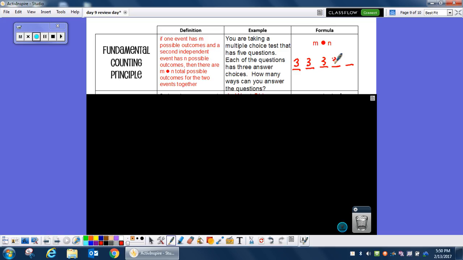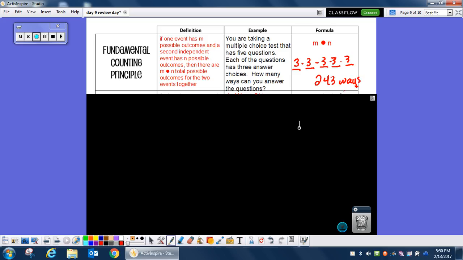The formula says M times N, so you would multiply. Please keep in mind that's not a subtraction sign. So that would be 243, and you guys are getting really good at labeling, so it's always nice to label.